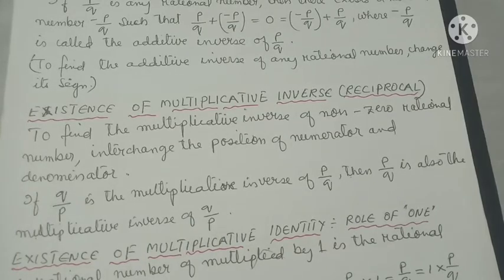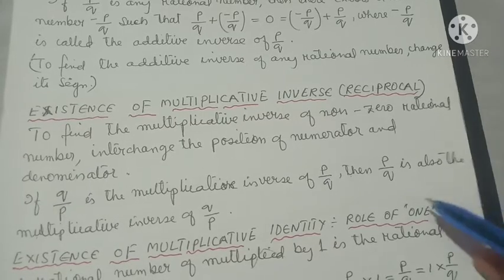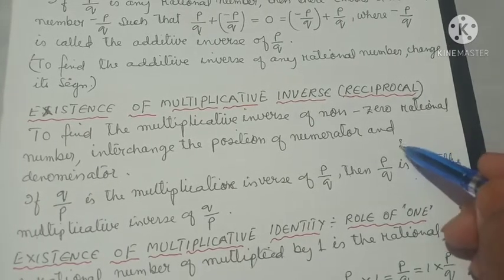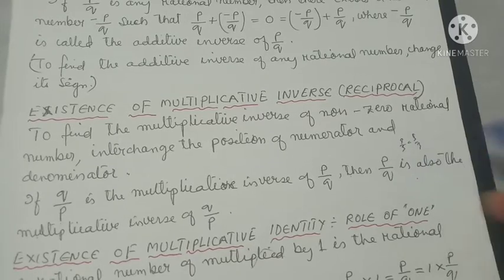So whenever a number is given like 1 by 2, 3 by 5, what is the multiplicative inverse of 3 by 5? It is 5 by 3.